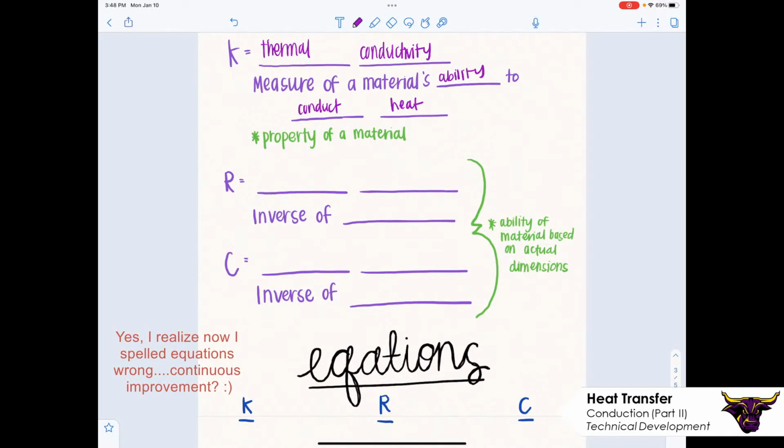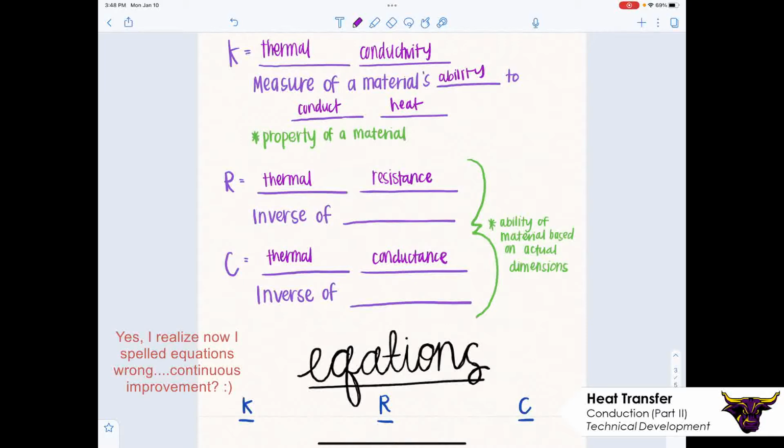So R is going to be the thermal resistance, and C is going to be your thermal conductance.